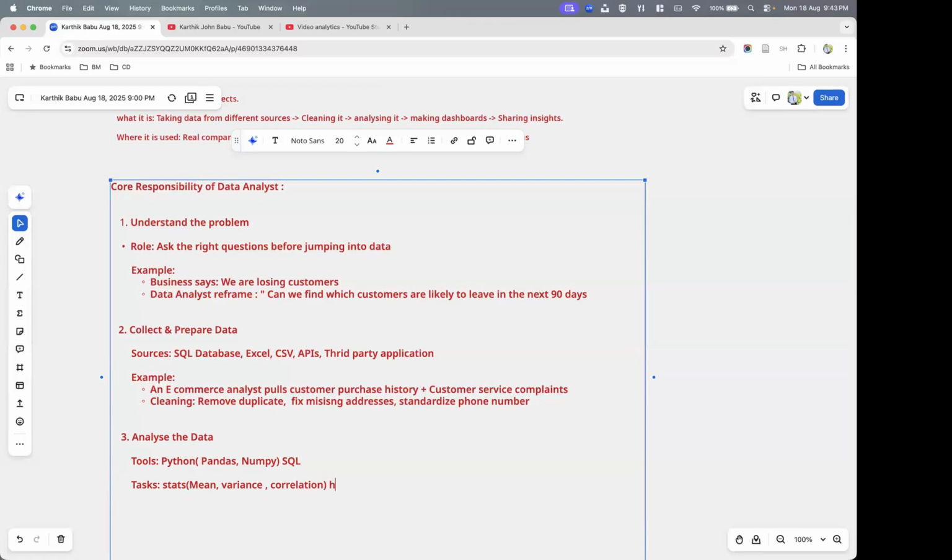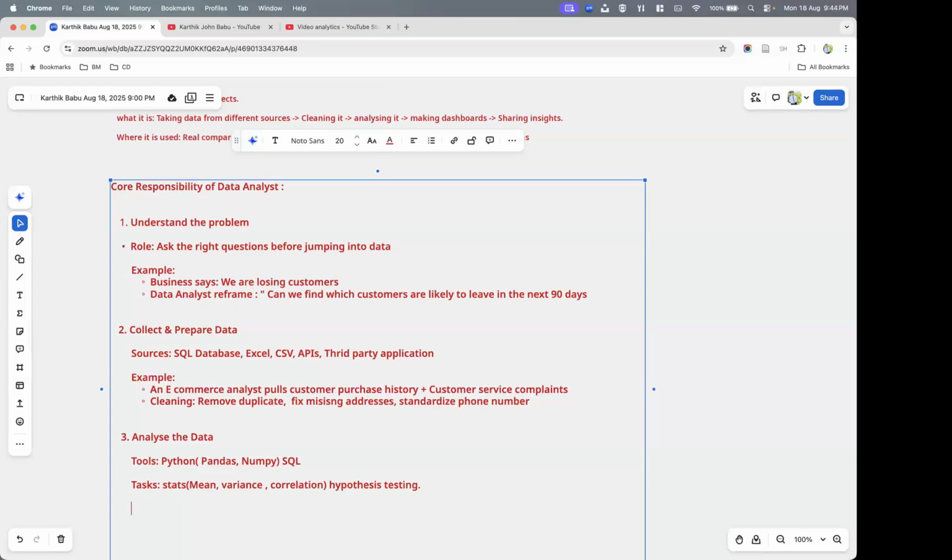But right now, understand that a data analyst should be performing tasks on statistics like finding the mean, variance, correlation, and hypothesis testing. So the tools for analyzing the data are Python, Pandas, NumPy, and SQL, and the tasks would be mean value, variance, correlation, and hypothesis testing.